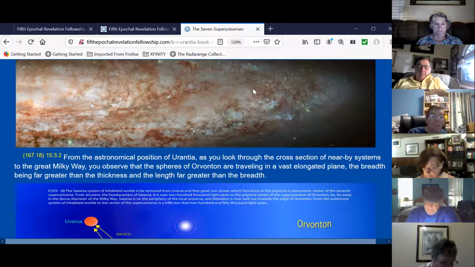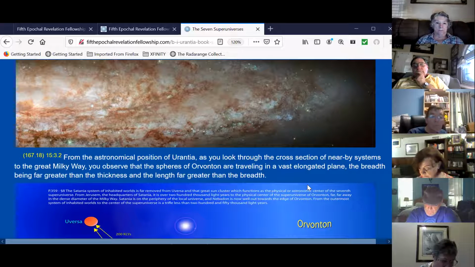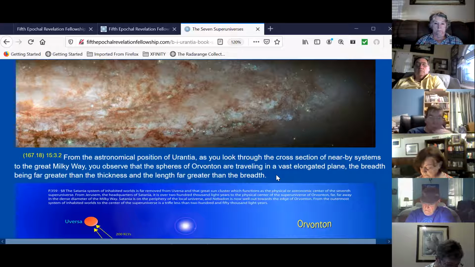All right. From the astronomical position of Urantia, as you look through the cross section of nearby systems to the great Milky Way, you observe that the spheres of Orvonton are traveling in a vast, elongated plane, the breadth being far greater than the thickness and the length far greater than the breadth.